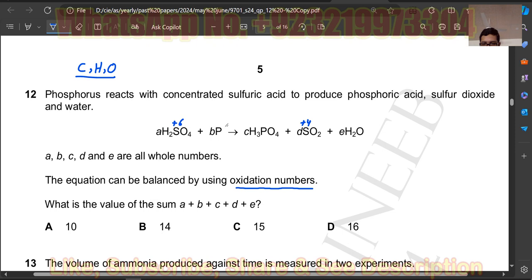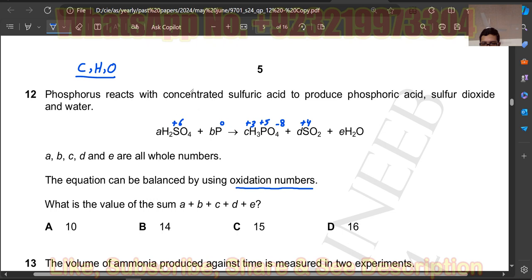Then for phosphorus, it is 0 on the left hand side, and on the right hand side the oxidation number is +5. Why is it +5? Because it is -8 and hydrogen is +3. So I get +5.